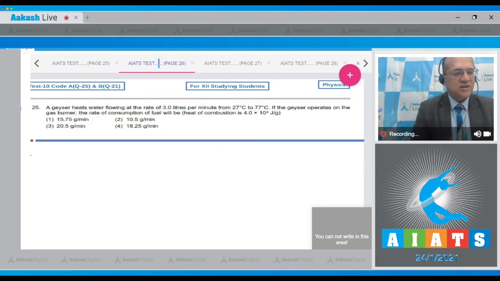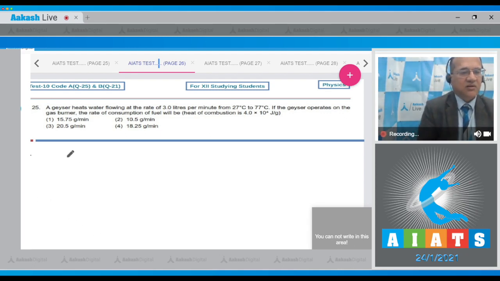Question number 25: a geyser heats water flowing at a rate of 3 liters per minute from 27 degrees Celsius to 77 degrees Celsius. If the geyser operates on a gas burner, what will be the rate of consumption of fuel? The heat of combustion is given as 4 into 10 to the power 4 joule per gram.